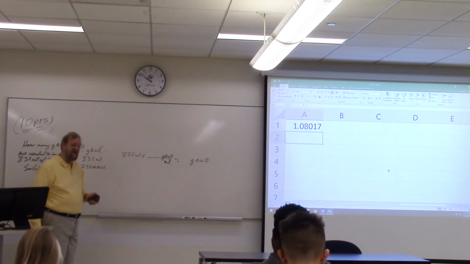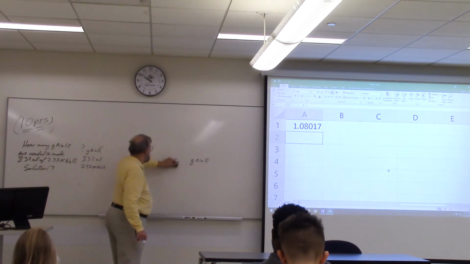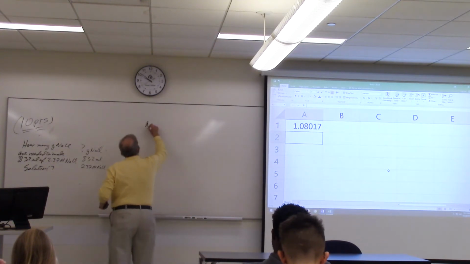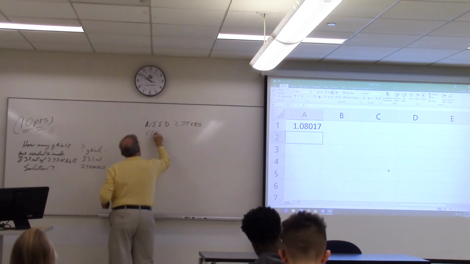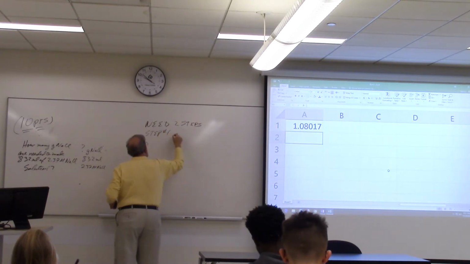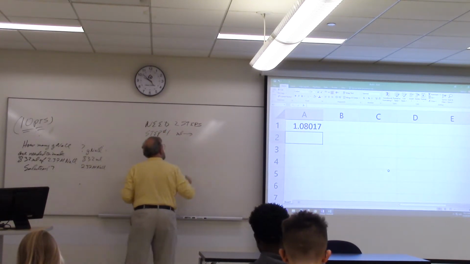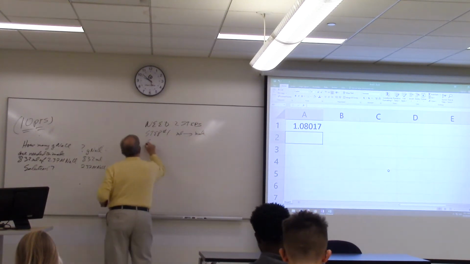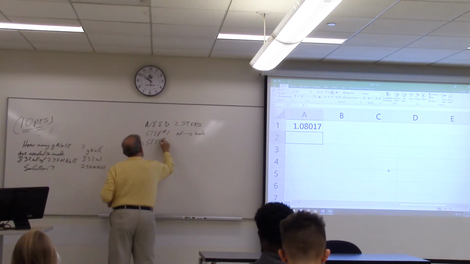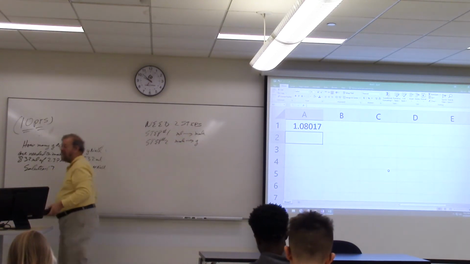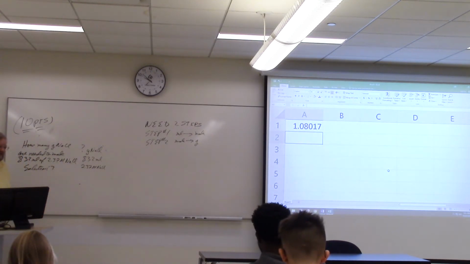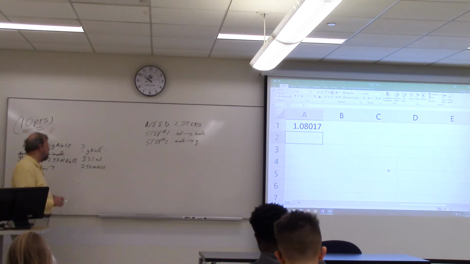This is a two-step problem. And now I can go to what I'm trying to get to, because otherwise there's no way I can get to it in one step. So let's do step one.